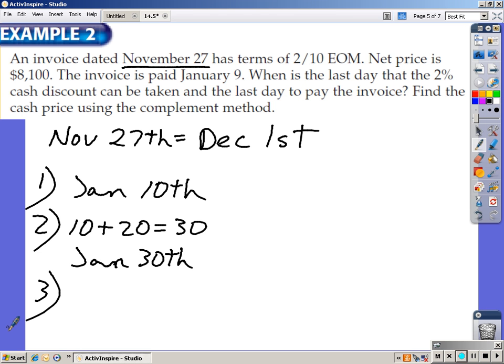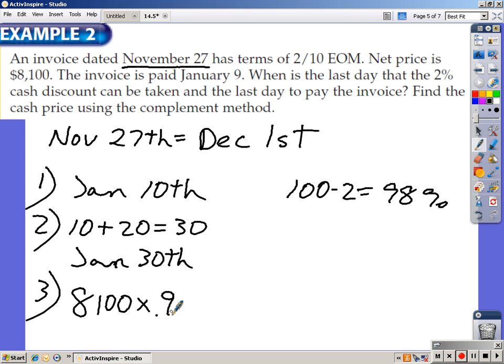Well, the complement of 2% is 98%. So take 8,100 times 0.98, and we have our answer, which is 7,938. Okay?